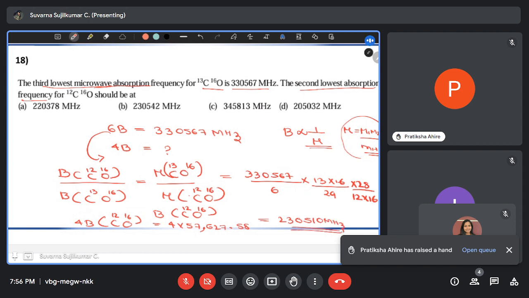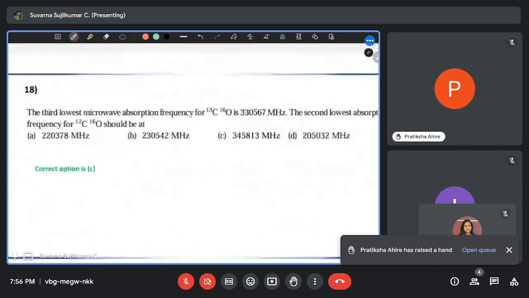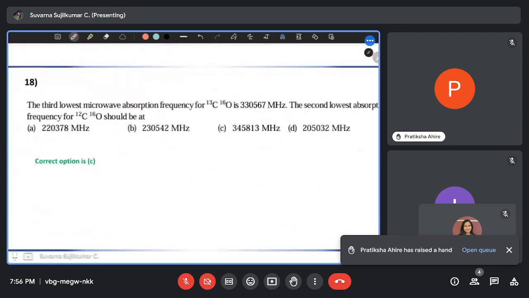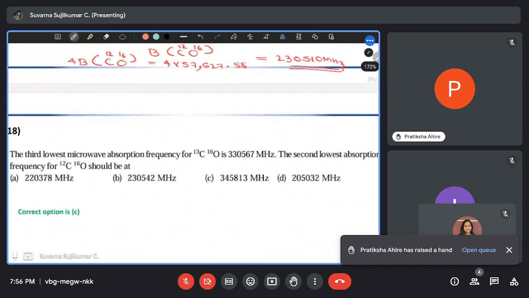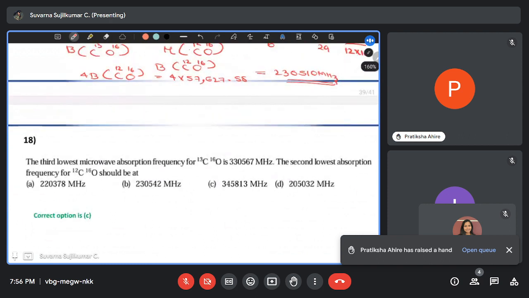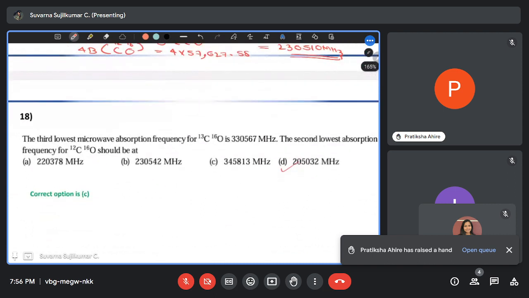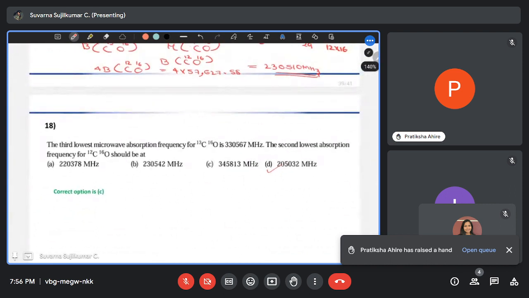Which is in the option? The option is a bit confusing. Maybe the answer is this one. The second lowest absorption frequency.